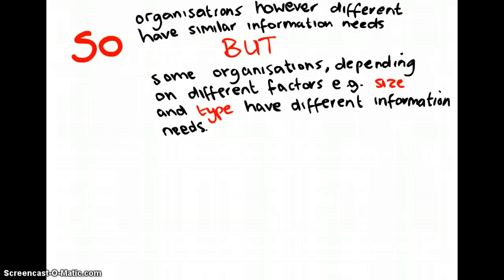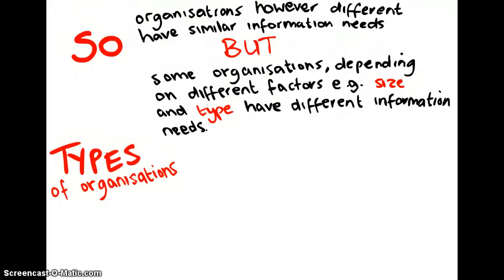So organisations, however different, have similar information needs, but some organisations, depending on different factors, for example size and type, have different information needs. And if you remember, the key focus for this video is information needs, but we're linking that to the types of organisation. So let's take a look at the types of organisations that we need to look at.